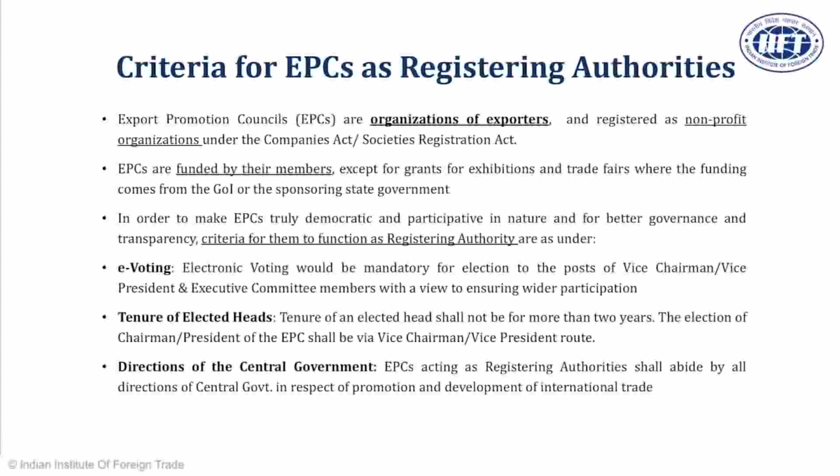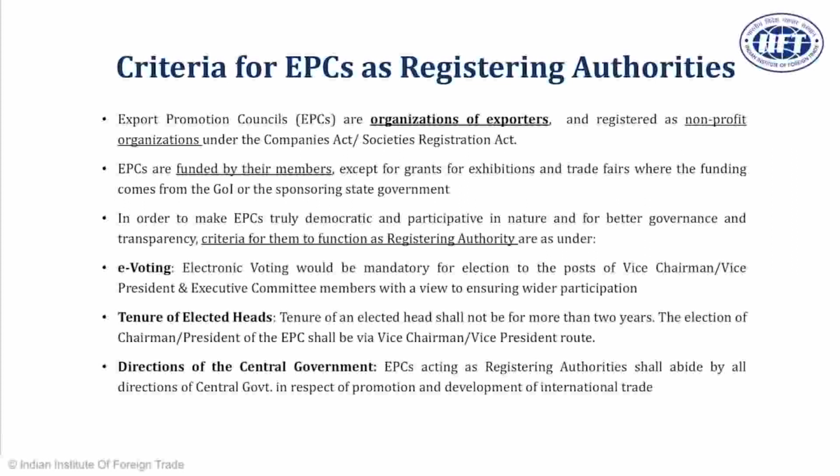The members may be scattered all over the country. Now, if they are told to come over for a voting at a particular place, that may be difficult. So the members are enabled to e-vote their representatives. The tenure of the heads of the EPCs is restricted to a term of not more than 2 years.